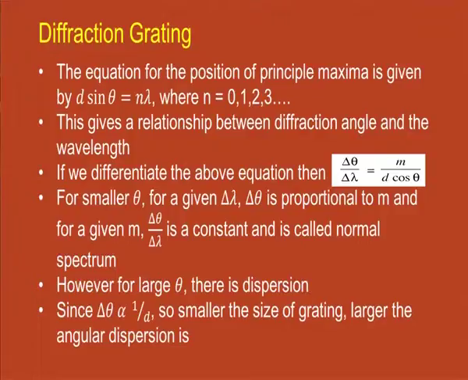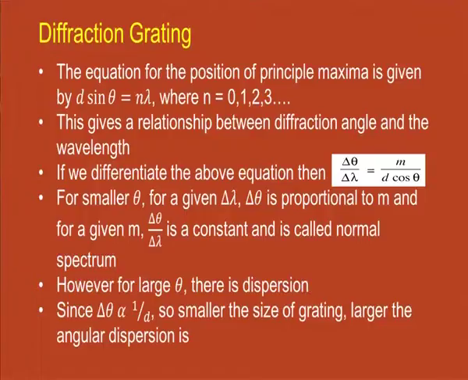If we differentiate the above equation, then del theta by del lambda is equal to m by d cos theta. For smaller theta, for a given delta lambda, delta theta is proportional to m, and for a given m, delta theta by delta lambda is a constant, and this is called a normal spectrum.